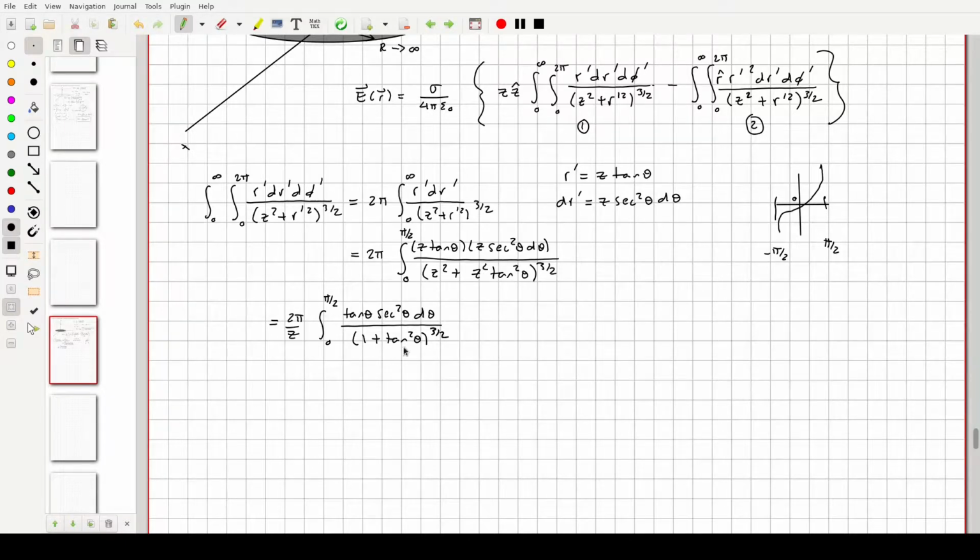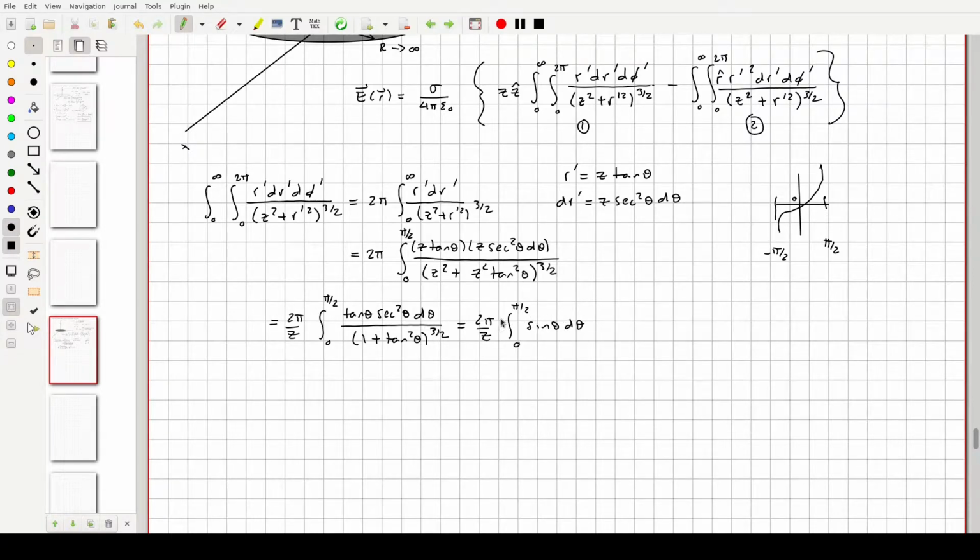Now look, this right here we know is going to be secant squared. When you do this, that ends up being secant cubed. Secant squared divided by secant cubed is secant on the bottom. Tangent divided by secant is sine. So we've already done this before. So this is 2 pi over z, the integral from 0 to pi over 2 of sine of theta d theta. Okay, so here, thankfully, we know how to handle this.